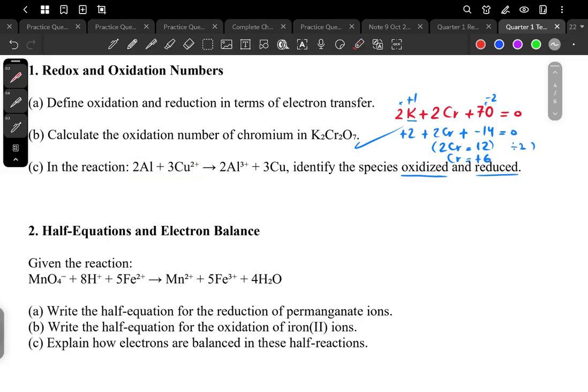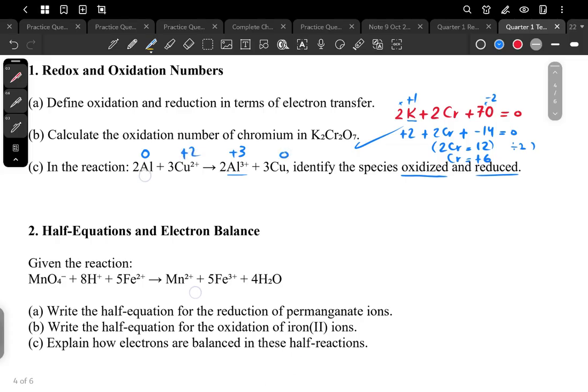If you use the rules, as we said before, aluminium is an uncombined element, so it has an oxidation number of 0 before the reaction. After the reaction, it turns into an ion of 3 positive. It means the oxidation number is +3, because this is one of the rules: the oxidation number of any monoatomic ion equals its charge. The copper ion is +2 and the copper atom is 0.